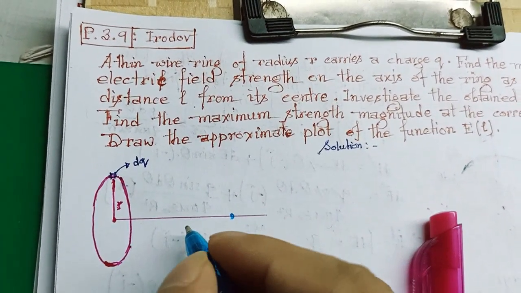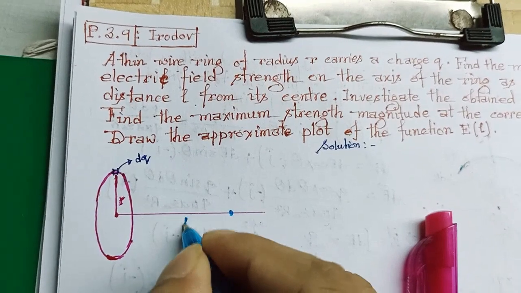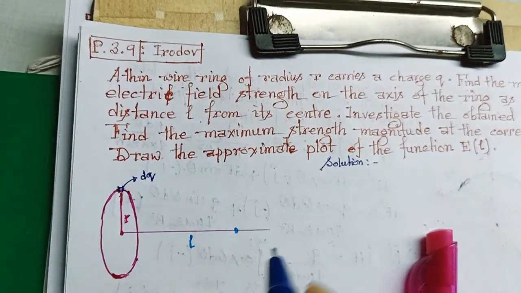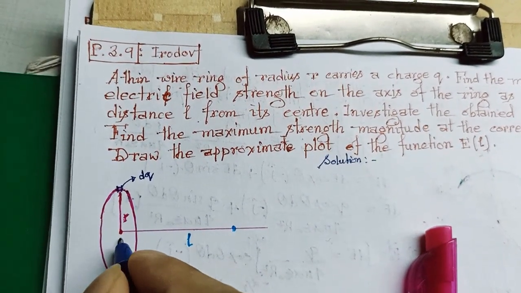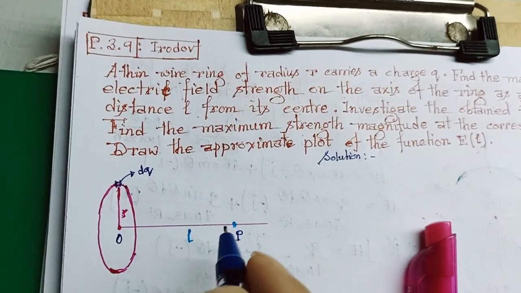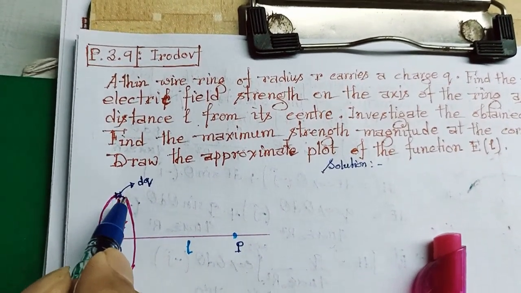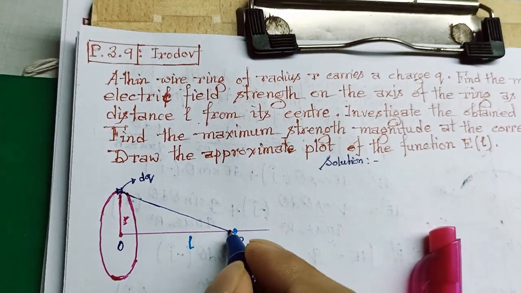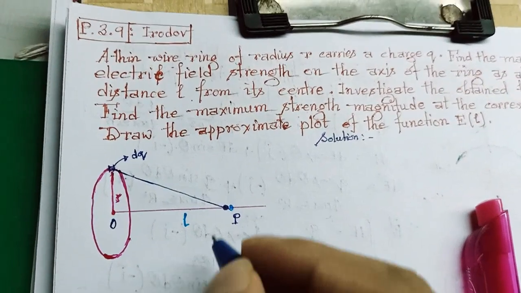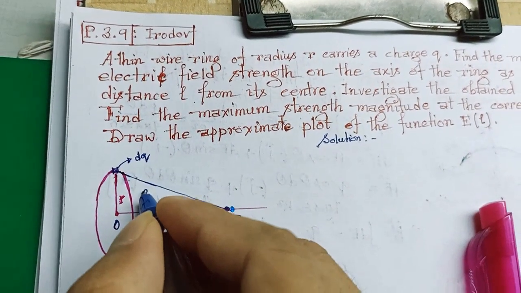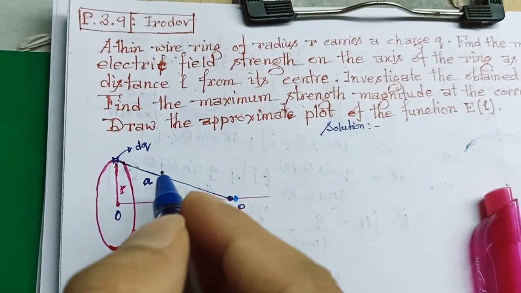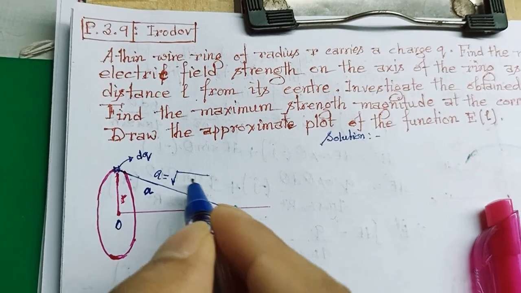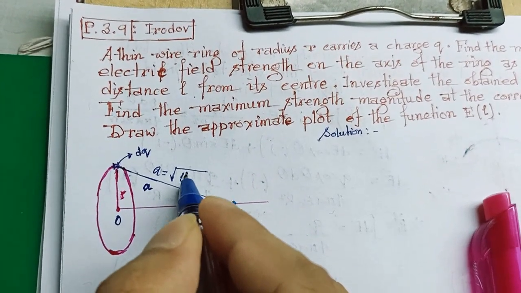Let this point be O and this point be P. Now we draw a straight line joining the point O and P. Let this length be A. From the Pythagoras theorem we can say A equals under root L square plus R square.